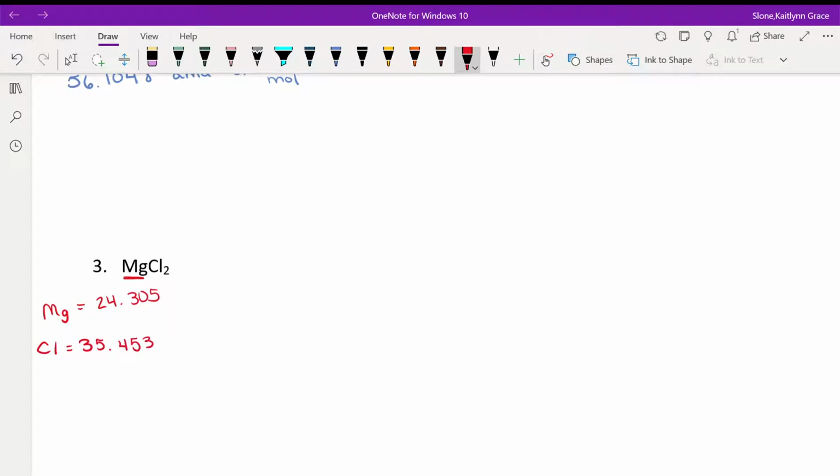But if you're looking at this compound, we actually have two chlorines. So we're going to have to multiply this chlorine by 2 since we have 2 atoms of chlorine in our compound. So when we add those up, we get 95.211 AMUs, or grams per mole.